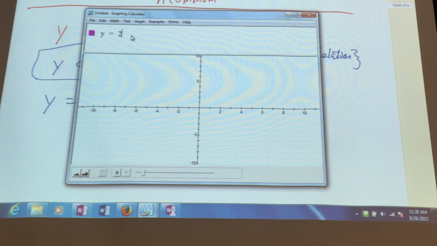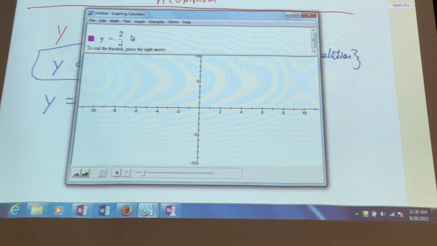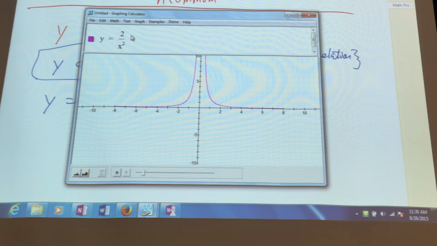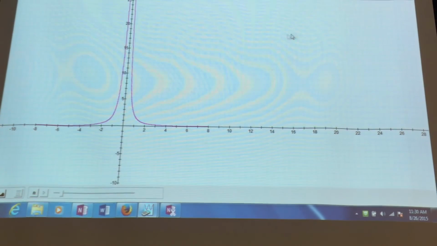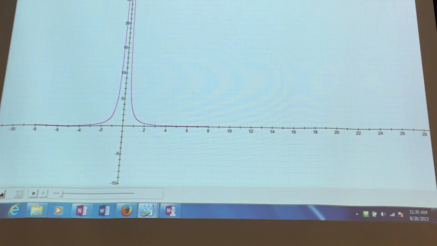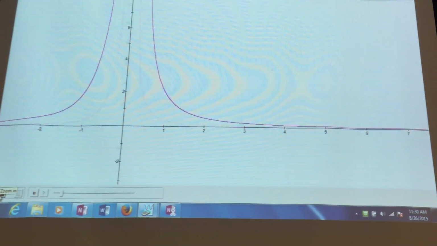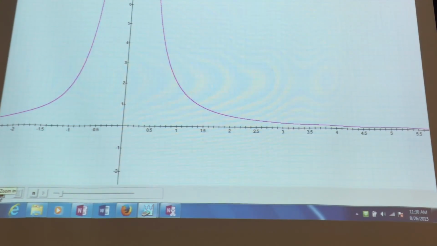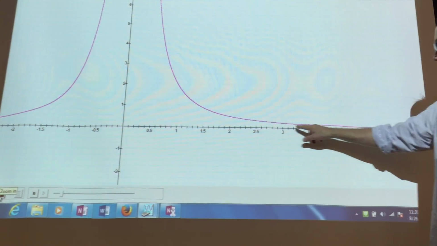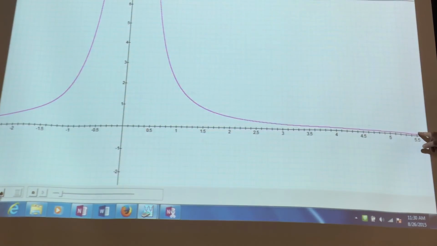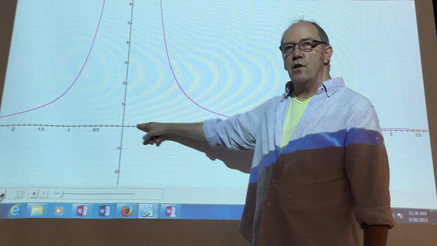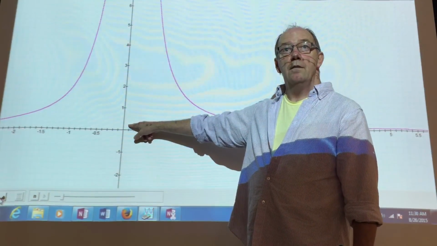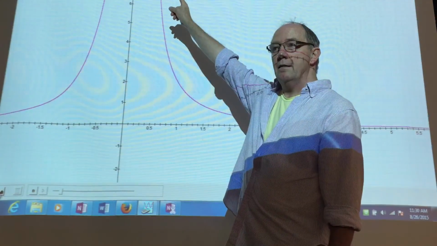Let's do 2 divided by x. Looks like that function. Let's see if I can load this up. There you go. So as x gets bigger, y gets smaller, sure enough. And as x gets smaller, smaller means going towards 0 with the origin, y gets really, really, really, really big.